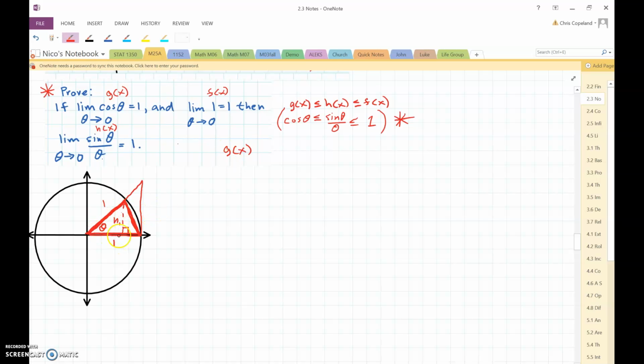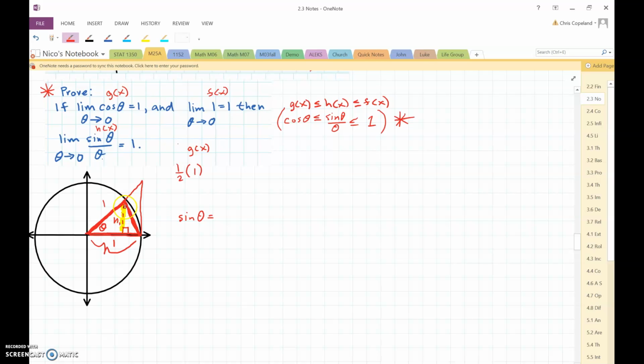And let's find the area of this triangle. So the area of this triangle would be 1/2 the base. Well, the base is right here, which is 1, times the height. The height is right here. So if we look at this triangle, look at sine theta.